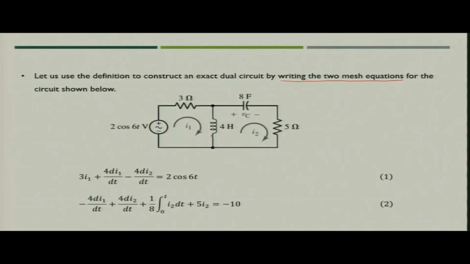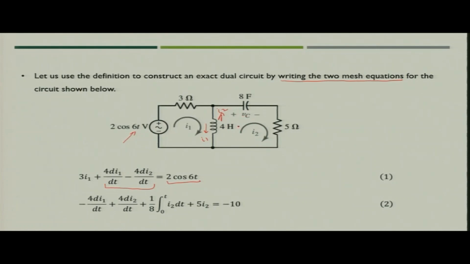Then for the current flowing through the inductor, I1 is in this direction while I2 is in the opposite direction, so it will be I1 minus I2, and since we know that the voltage across an inductor is given by L di by dt, this will become L into d of (I1 minus I2) by dt. So, this will become 4 dI1 by dt minus 4 dI2 by dt equal to 2 cos 6t, which is the voltage in the mesh.